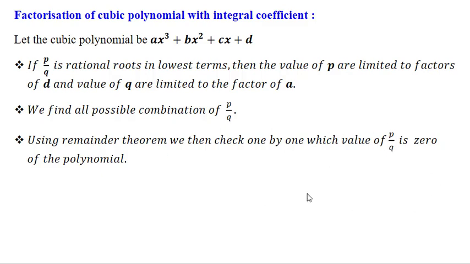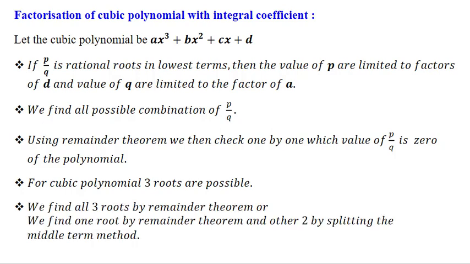Right, so one by one I use the remainder theorem and check whether I am getting remainder as 0. Now as this is a cubic polynomial, I have maximum 3 roots. So that means if I get 3 answers, then there is no need to check other numbers. So for a cubic polynomial 3 roots are possible. We find all 3 roots by remainder theorem.